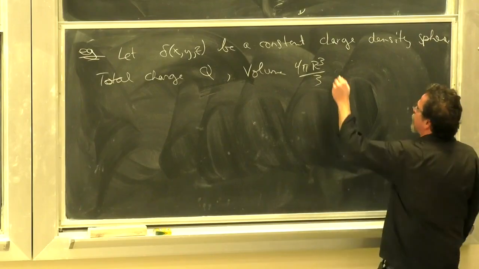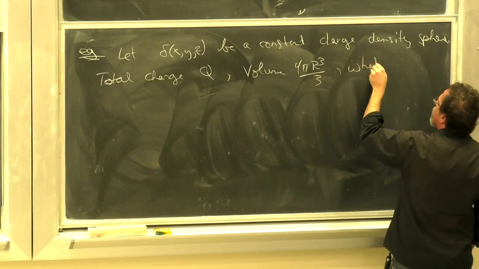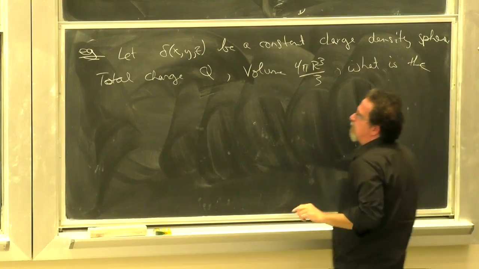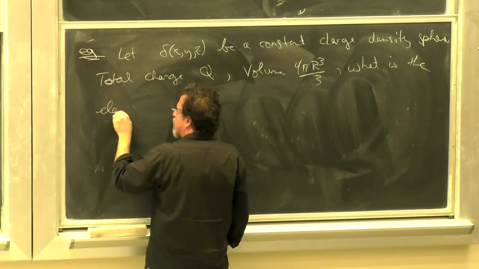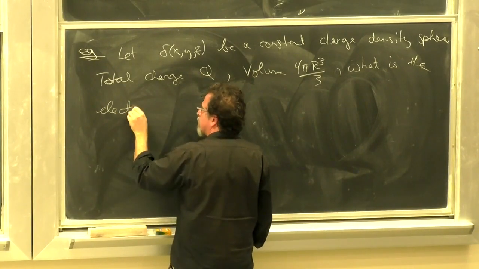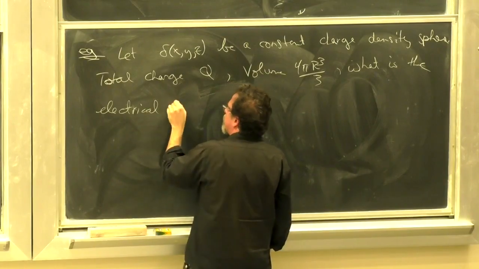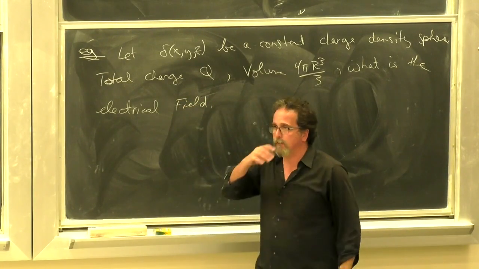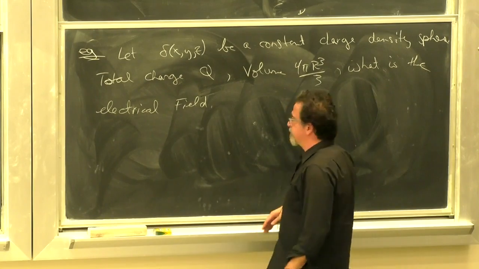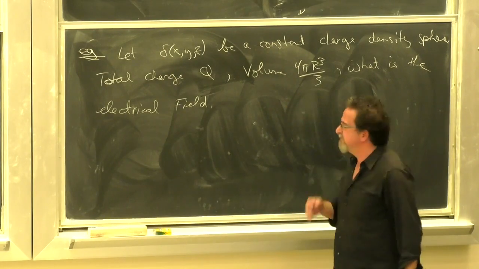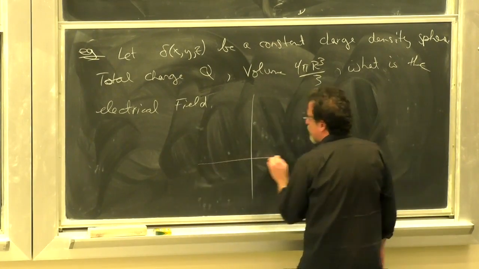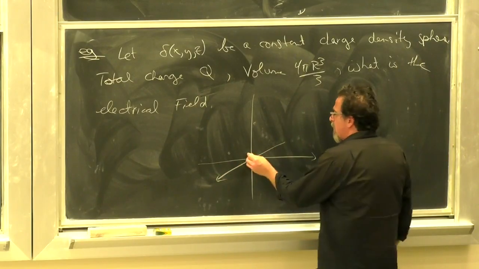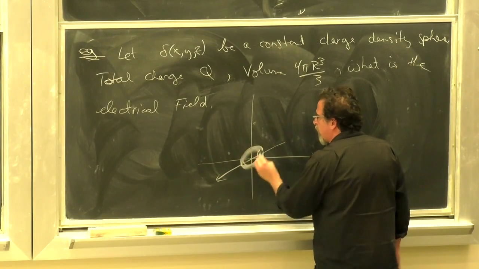What is the electrical field due to this source? And this is the way we do it, everybody. You take x, y, z, and you put your charge sphere right there.